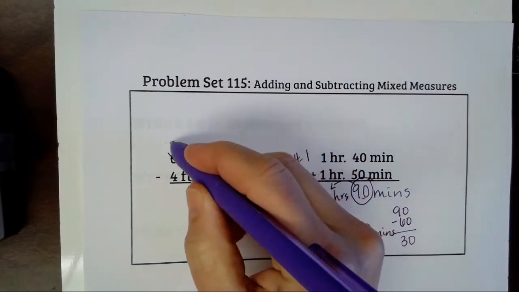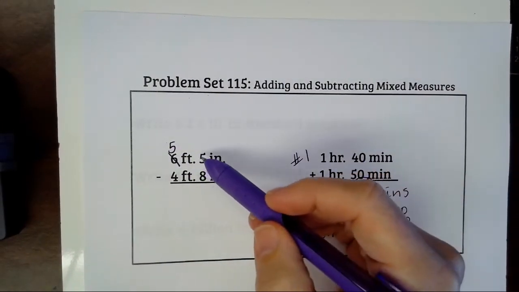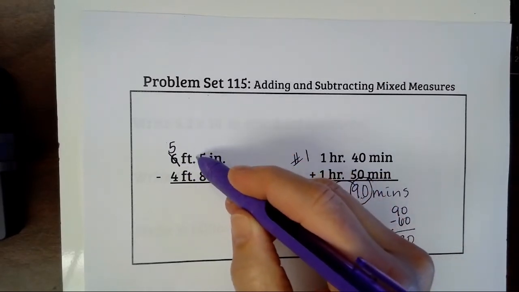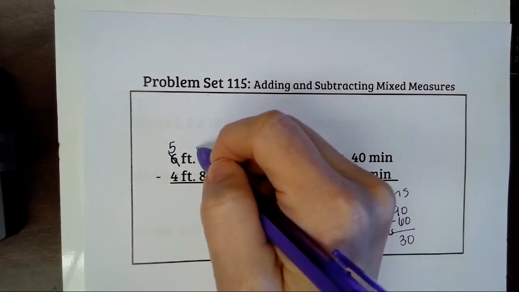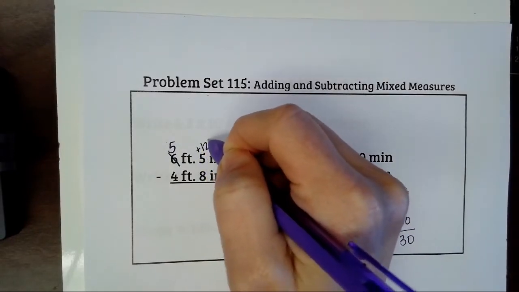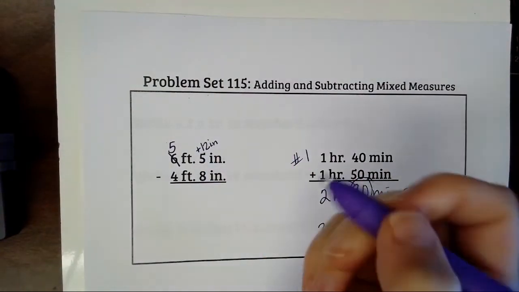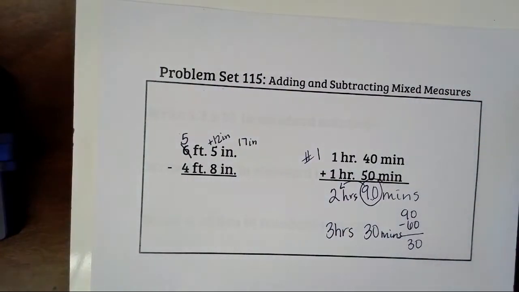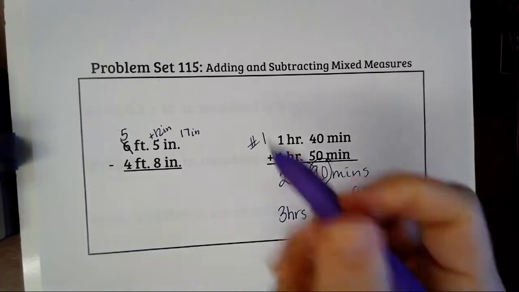But this is where it's helpful to remember, how many inches are in a foot? I can't just come over here and say 1 foot 5 inches. I need to now add 12 inches to our 5 inches so that we can have a proper subtraction problem. So now I've got 17 inches to subtract 8 from. And that's doable, right? Because 17 is more than 8.